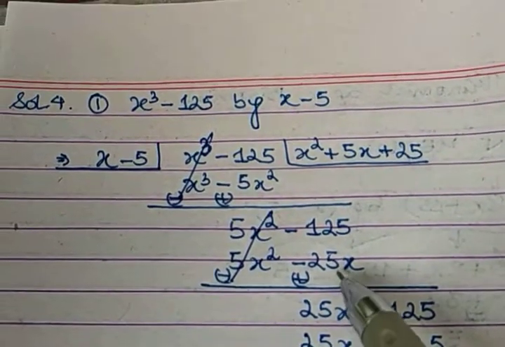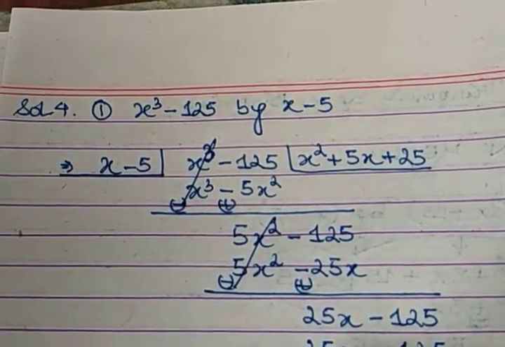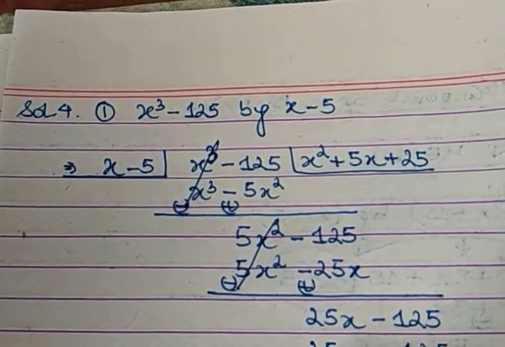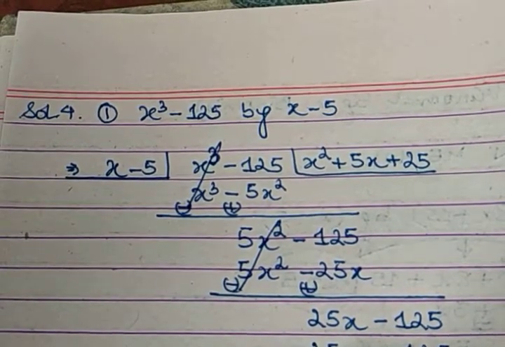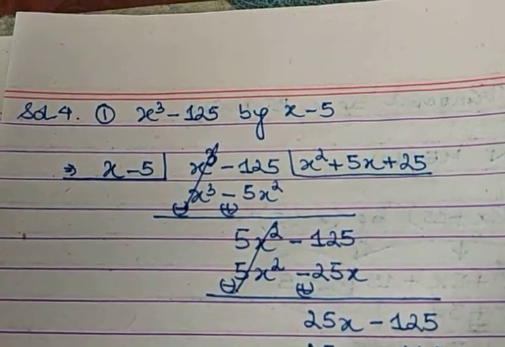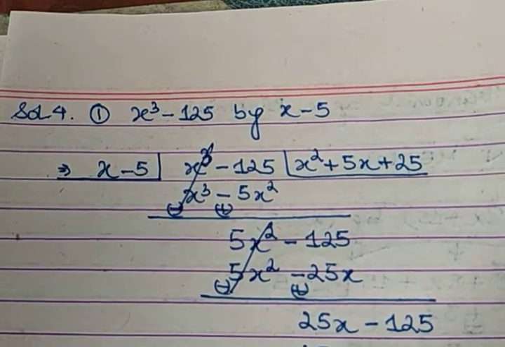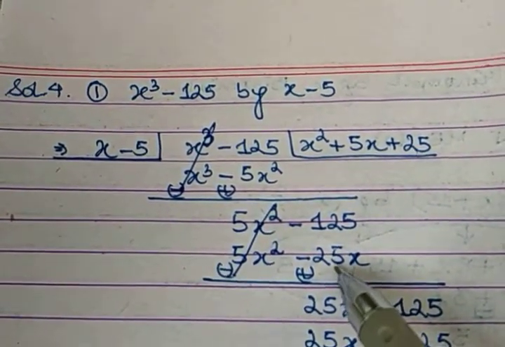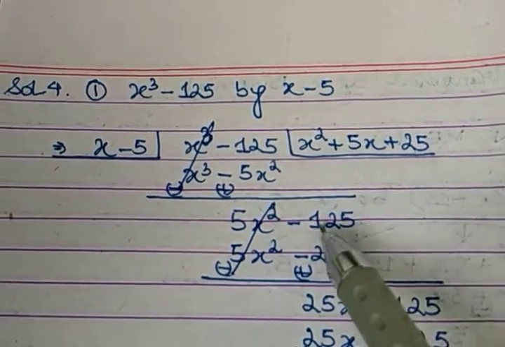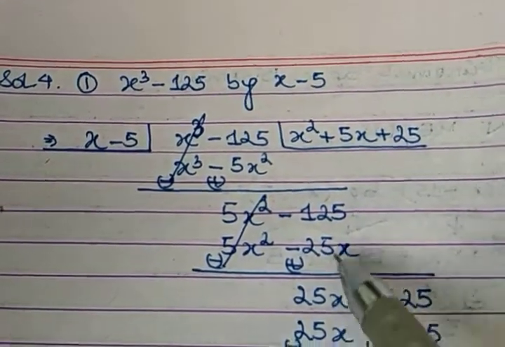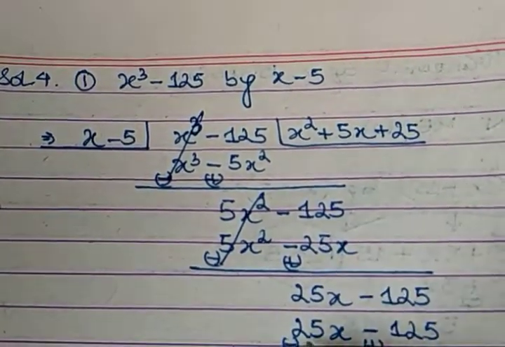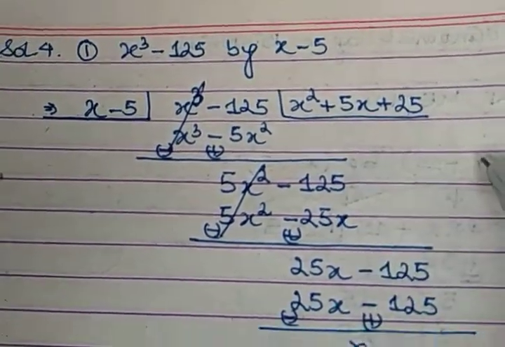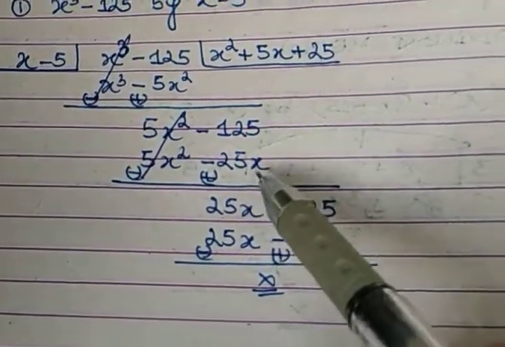What do I have now is plus 25x, and the second term is minus 125. Again, unlike terms, so we cannot operate them. Again, both the terms will drop.